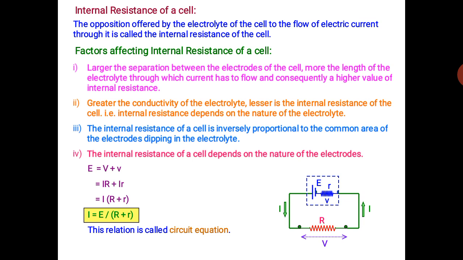See, let us apply Kirchhoff's rule. So EMF equals current into resistance plus current into internal resistance. And taking current as the same because small r and capital R are in series, we can write current I equal to E divided by capital R plus small r. This relation is called the circuit equation.